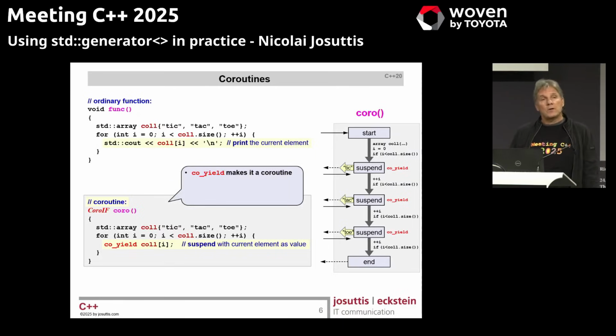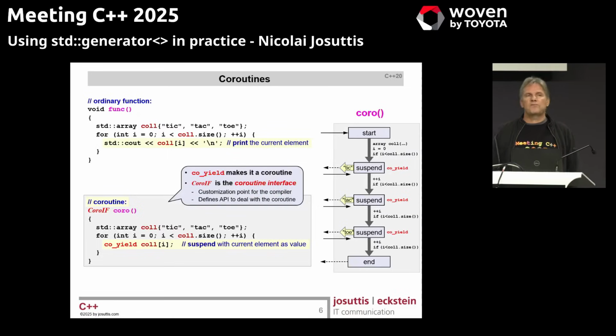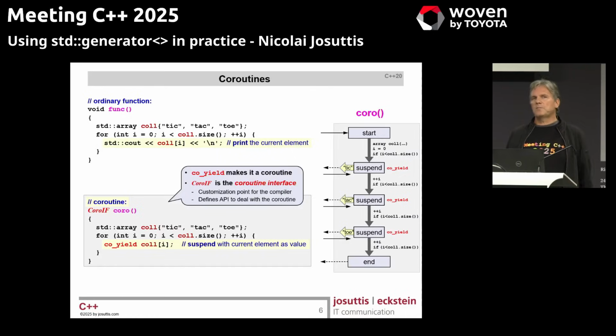We have a keyword, making it a coroutine, and we have a coroutine interface return type, and that interface is responsible for dealing with the coroutine. It's also a customization point for the compiler. Inside these objects, you can configure a few things about coroutines. For example, how to deal with exceptions when they happen inside the coroutine.